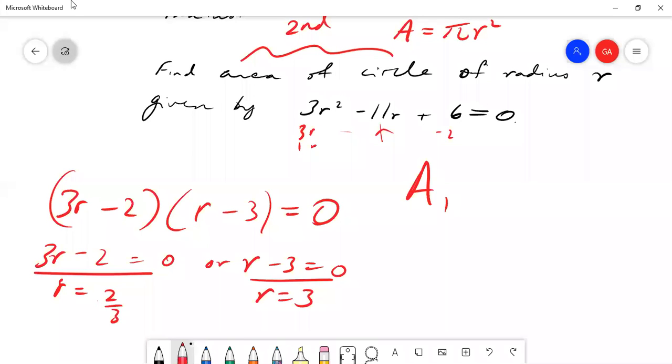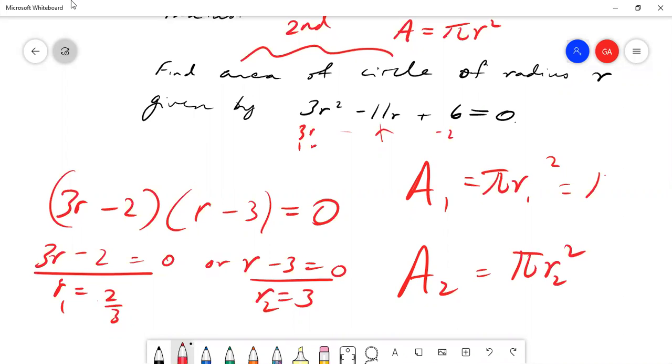I'm going to call this R1 and this R2. So my two areas are going to be pi R1 squared and pi R2 squared. So pi R1 squared is pi times 4/9, right? 2/3 squared is 4/9. Pi R2 squared is 9 pi. 3 squared is 9. Okay, so this is how you would answer such a question.